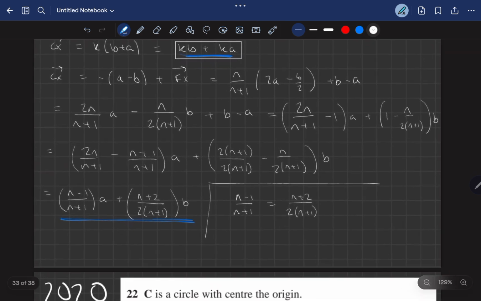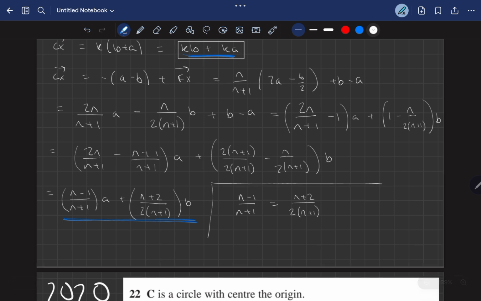Now, let's rearrange the equation. Let's multiply by 2(n plus 1) on this side. So I've got 2(n minus 1)(n plus 1) equals (n plus 2)(n plus 1).